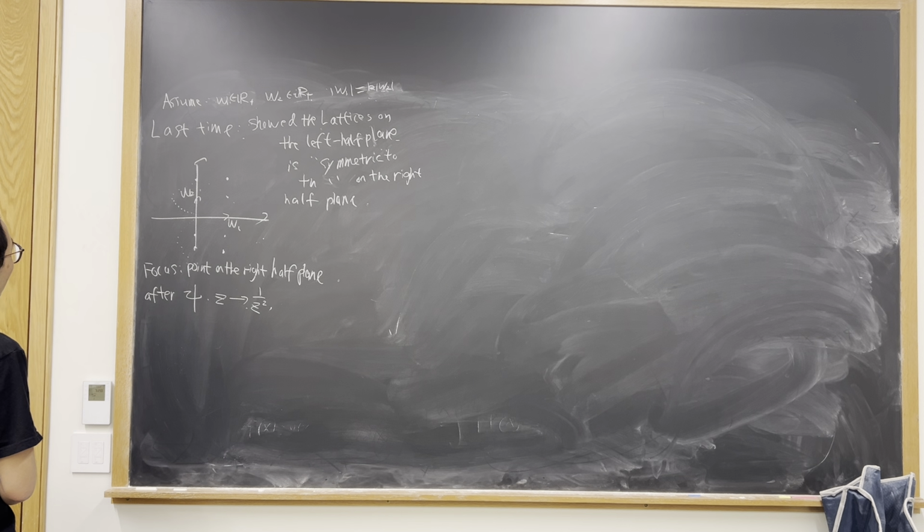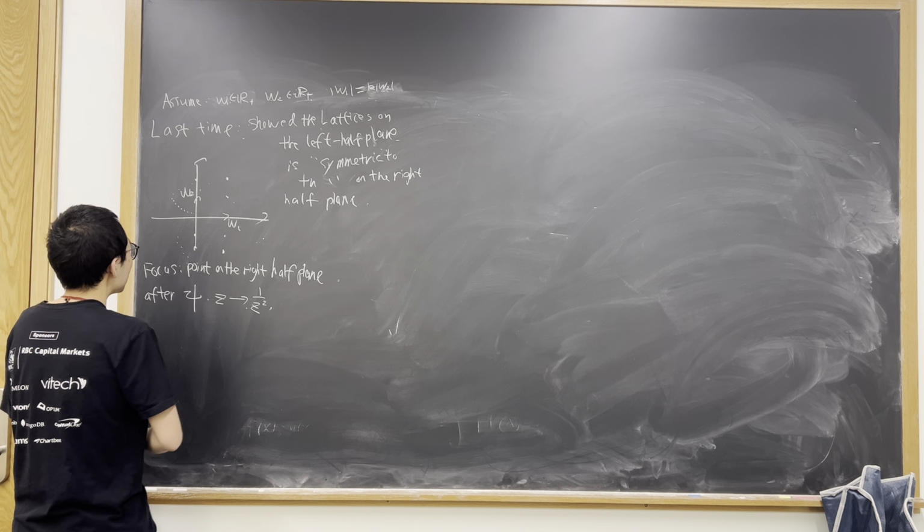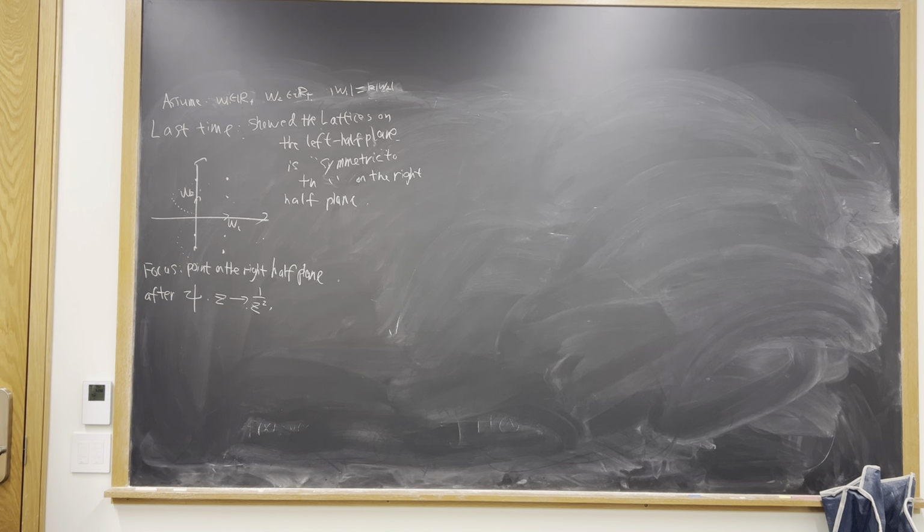So it seems to me that if I fix omega 1, then there might be some vertical cancellation, right?